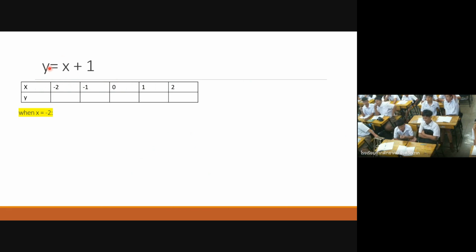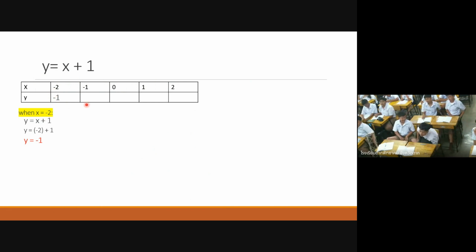Again, we're using this equation, y is equal to x plus 1. Again, x is negative 2, so you're going to substitute for x. What is negative 2 plus 1? Negative 1. Meaning that when x is negative 2, the value of your y is negative 1, and you're going to fill this one in here.